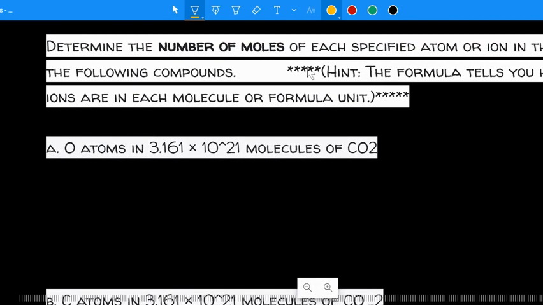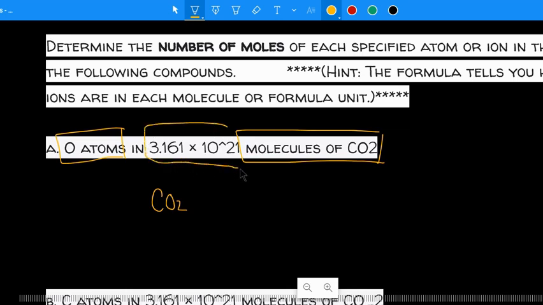So remember when I said, I'll just write some notes here, if they're wanting to get down to oxygen atoms within this many molecules of carbon dioxide. So if you were to have 1 molecule of carbon dioxide, you'd have 1 atom of carbon, 2 atoms of oxygen. But if you have this many molecules, it's going to be a lot different.